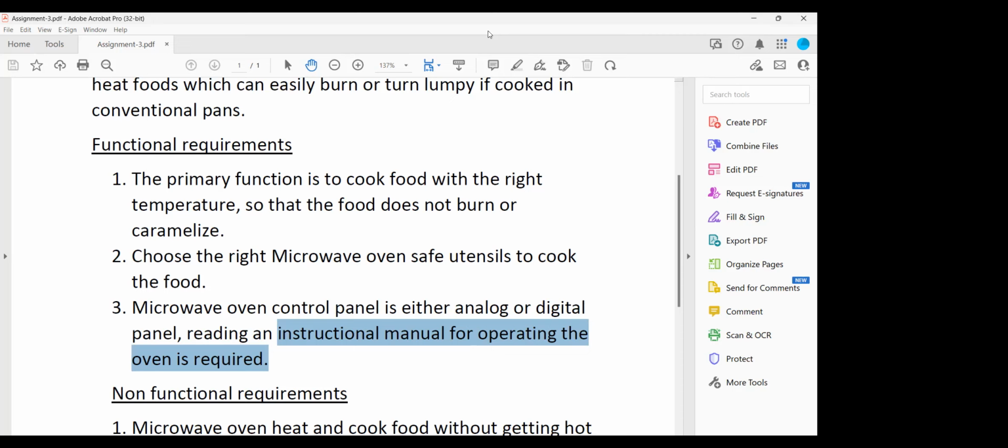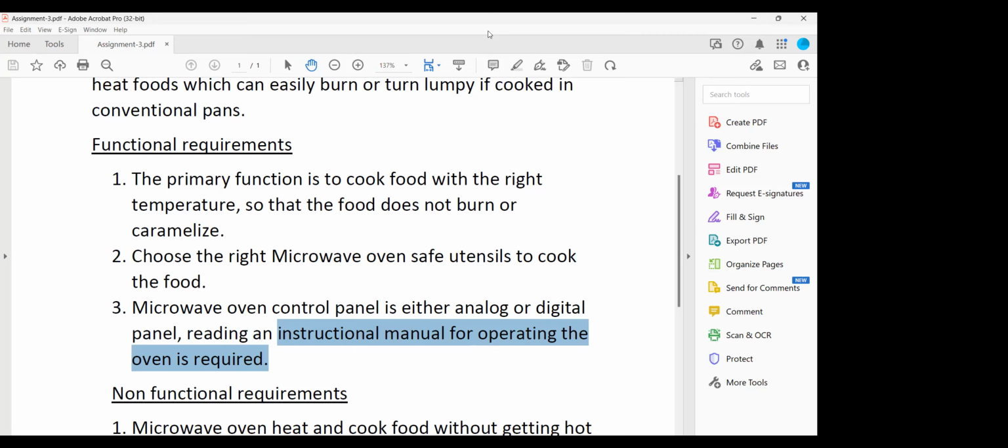Okay, well done. As the microwave oven heats the food, it should not get heated itself. Anything else? It should turn off by itself after the food is heated.